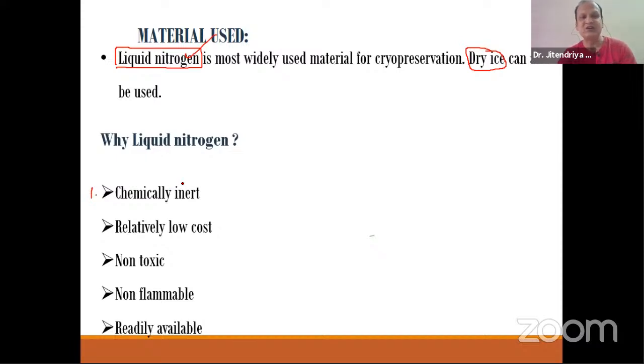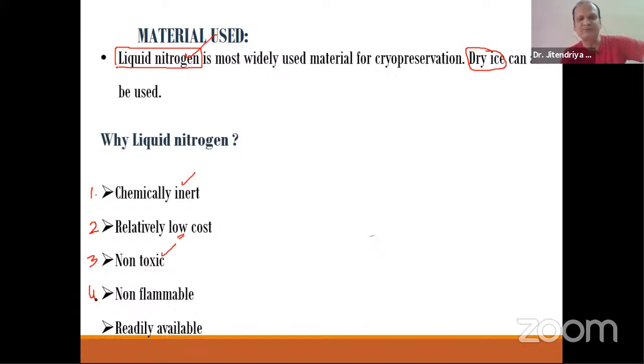It is generally not reactive, chemically inert, and the cost factor is also essential, so it is low cost. It is not toxic, meaning that if it is used for the conserved tissue, it will not react with it. And another good point is that it is non-flammable.